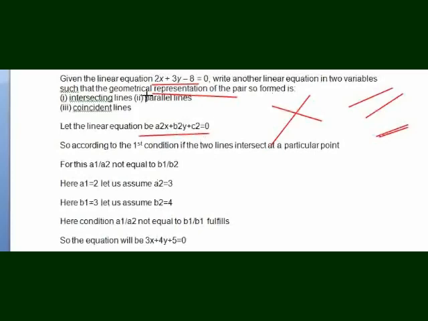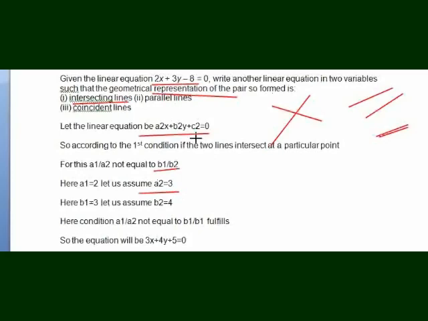But we know that a1 by a2 should not be equal to b1 by b2 if the lines intersect at a particular point. Here a1 is equal to 2, so a2 should not be 2. So we assume that a2 is equal to 3.